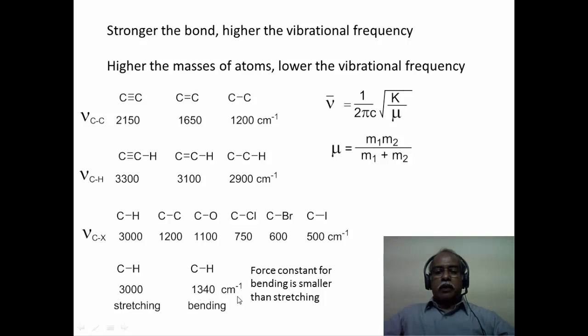So, invariably for all functional groups, the bending modes of vibration are always at a lower frequency compared to the stretching. For example, the carbonyl stretching and carbonyl bending also will have a similar kind of difference, with the carbonyl stretching coming at a higher frequency compared to the carbonyl bending mode, which comes at a lower frequency. So, these two parameters, namely the force constant and the reduced mass, can be effectively used to predict the order of frequency changes in a given series of comparable systems like what is illustrated in this particular slide.